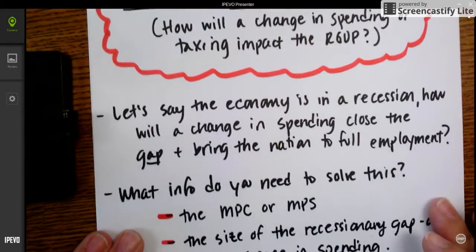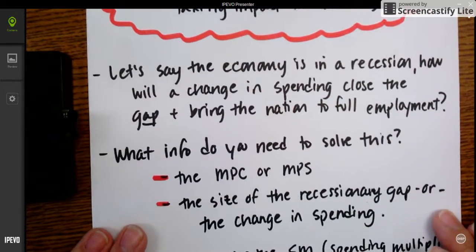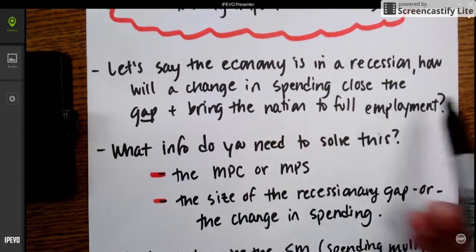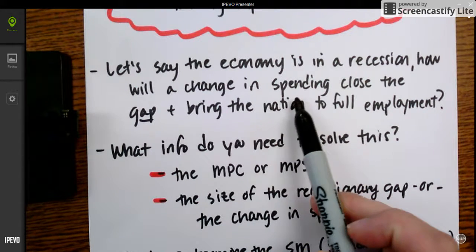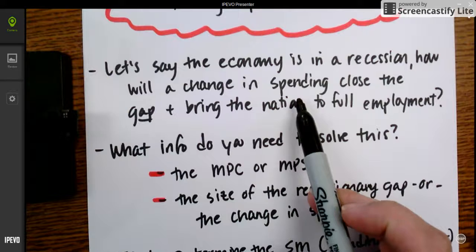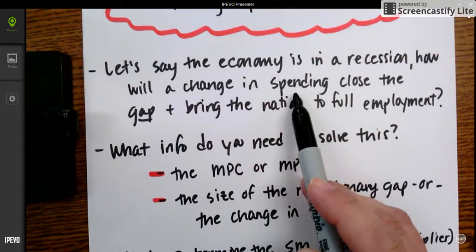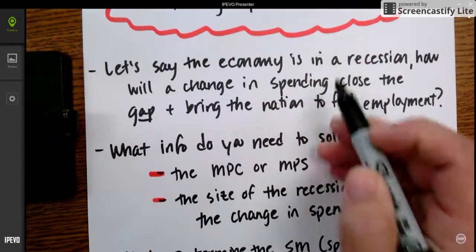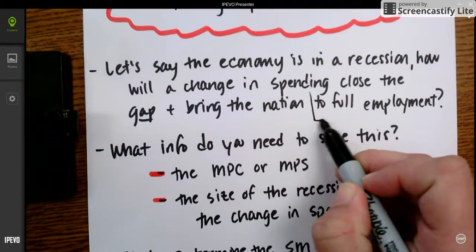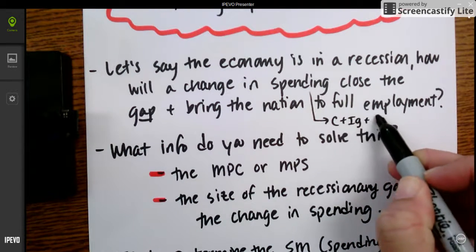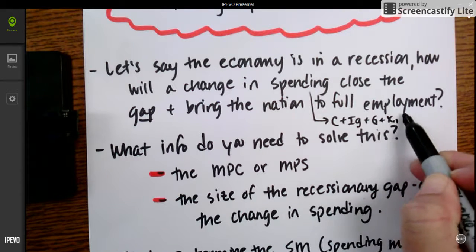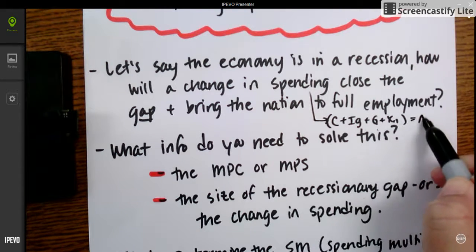So, let's say we have an economy that's in a recession. The question is, how will a change in spending? And what I'm thinking of in this particular instance is a change in government spending. But keep in mind that this spending can be any of the C plus IG plus G plus XN that make up aggregate demand.